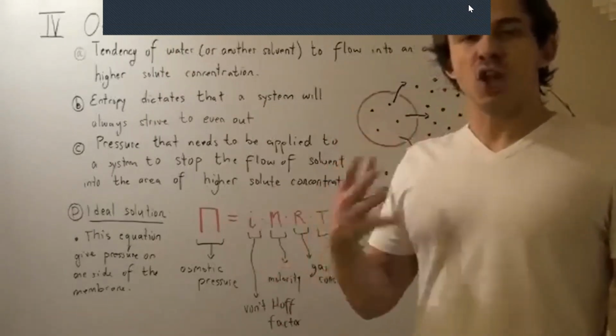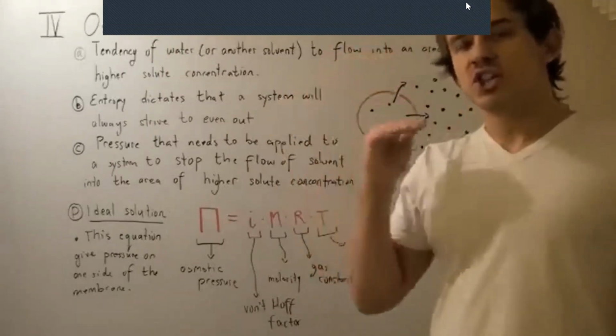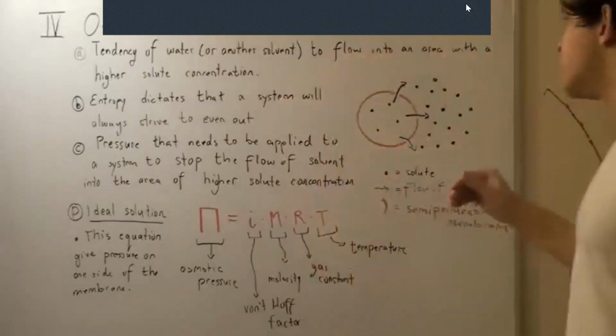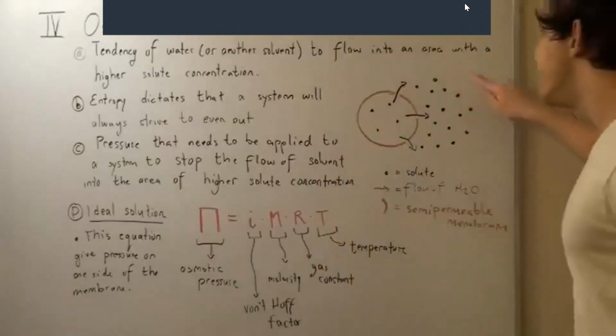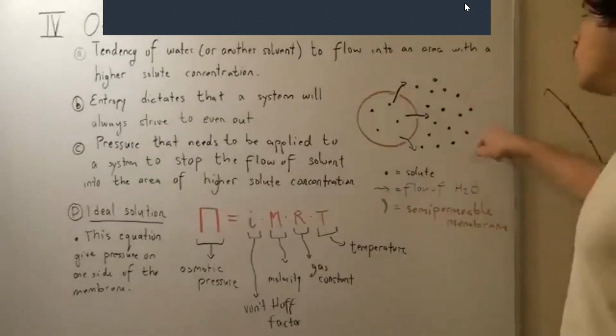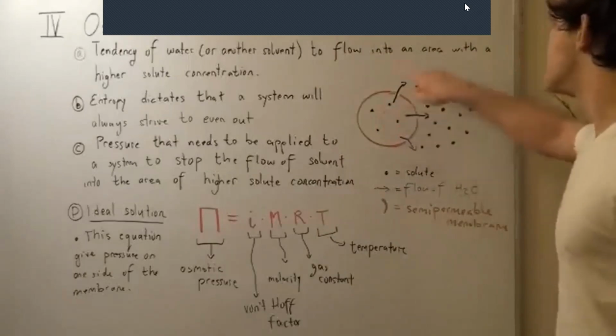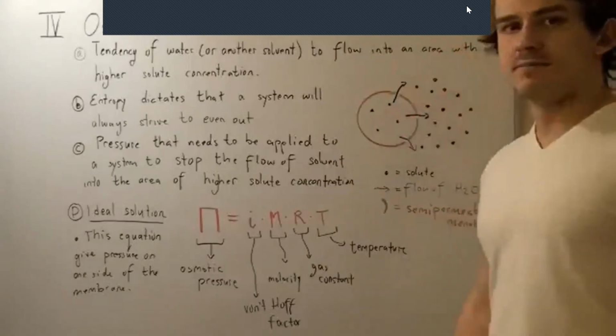And we define the flow of a solvent from a high osmotic potential to a low osmotic potential. So since the outside has many more solute molecules, it has a more negative osmotic potential. And that means water will flow from a higher osmotic potential to a lower osmotic potential, or from the inside to the outside.